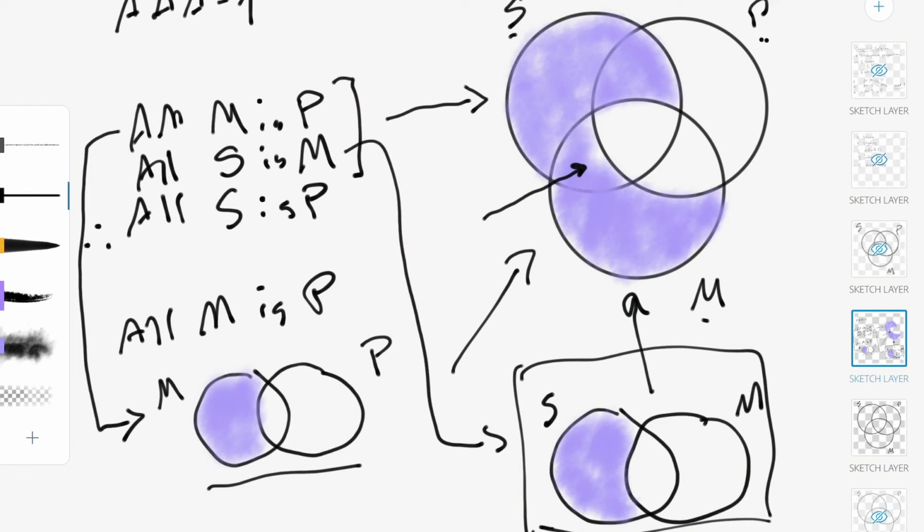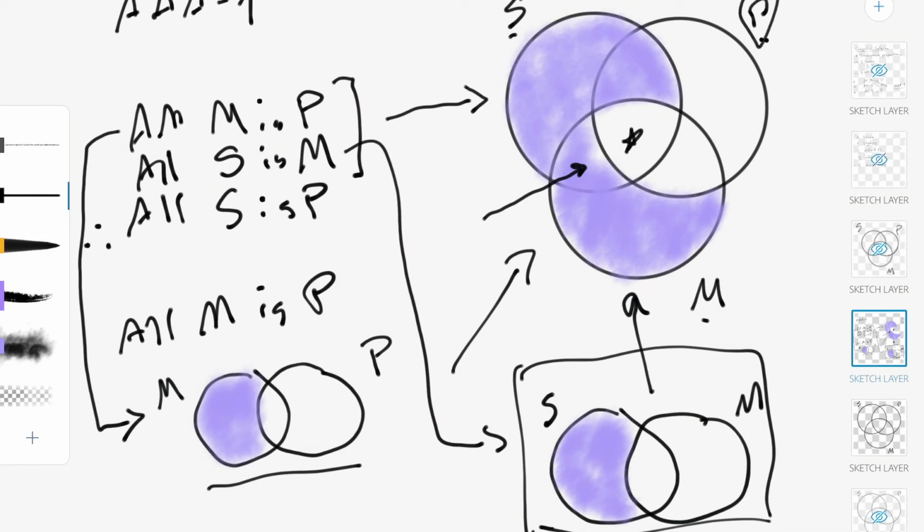So if they're true, then what does that mean about the conclusion? Does it have to be true? And the answer is yes, it has to be true. But look at why. Because of the shading, there is no other region of S left except the region of S right here that is completely inside the P circle.